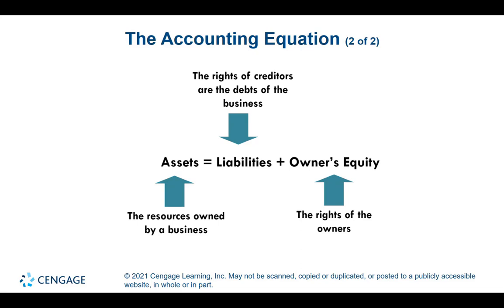Businesses have assets, resources owned. However, they may not have rights to all of those assets because, let's say, if the building was financed and has a mortgage, then the creditors, like the bank, would have rights or a portion of the rights to that piece of asset.